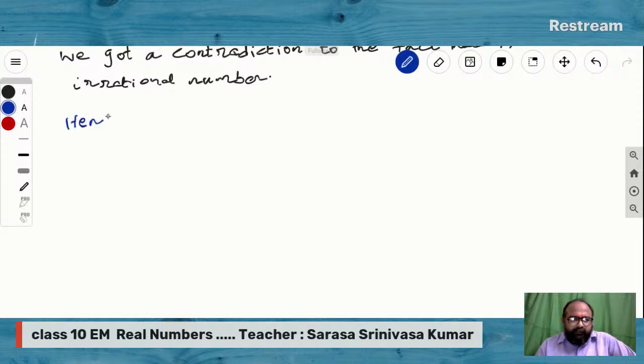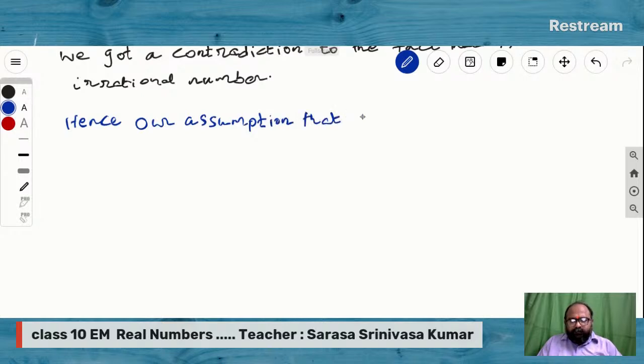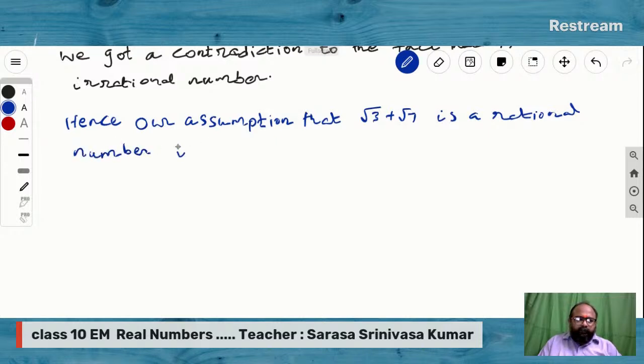Hence, our assumption that square root of 3 plus square root of 7 is a rational number is wrong.